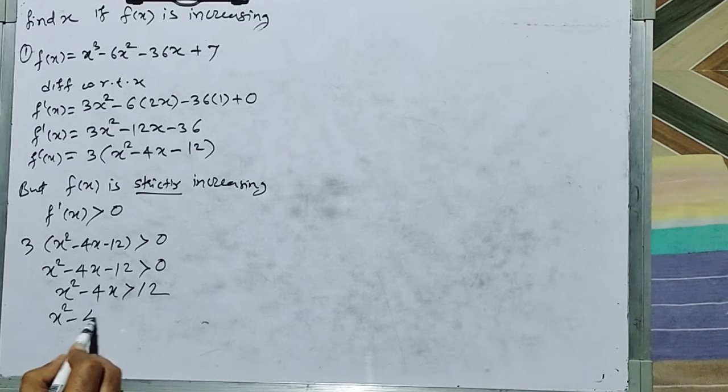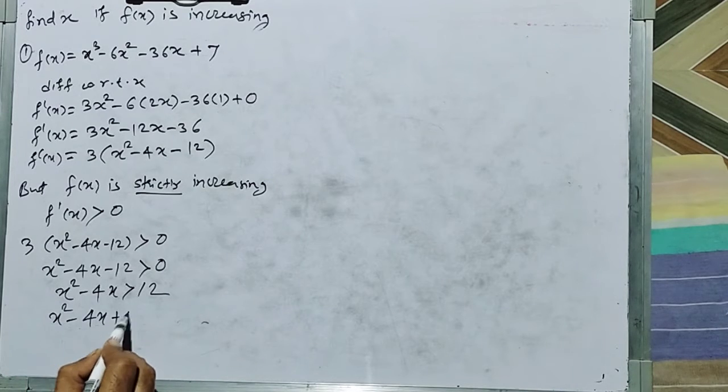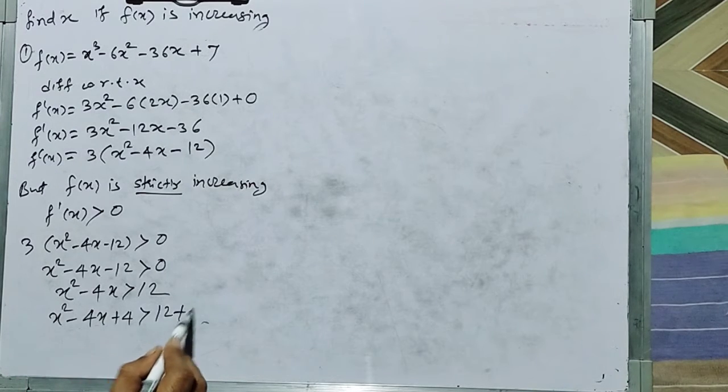It means for x² - 4x we are adding 4 on both sides.